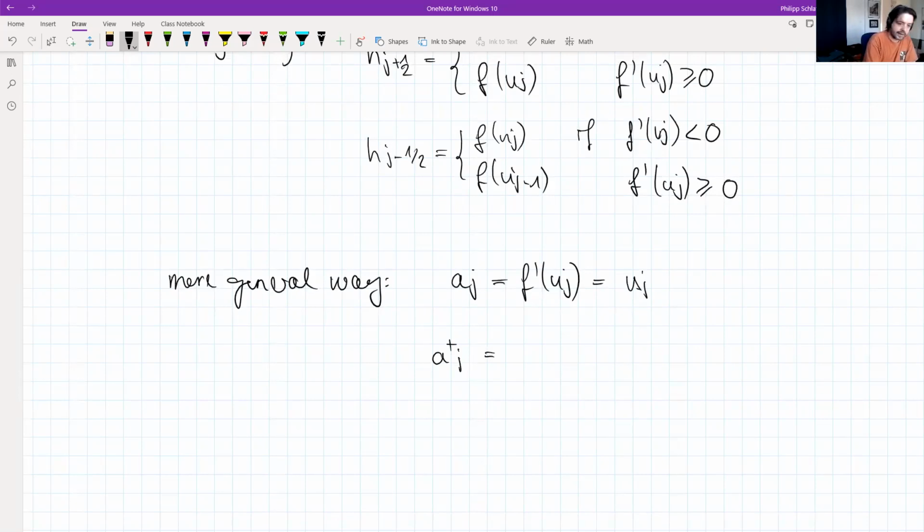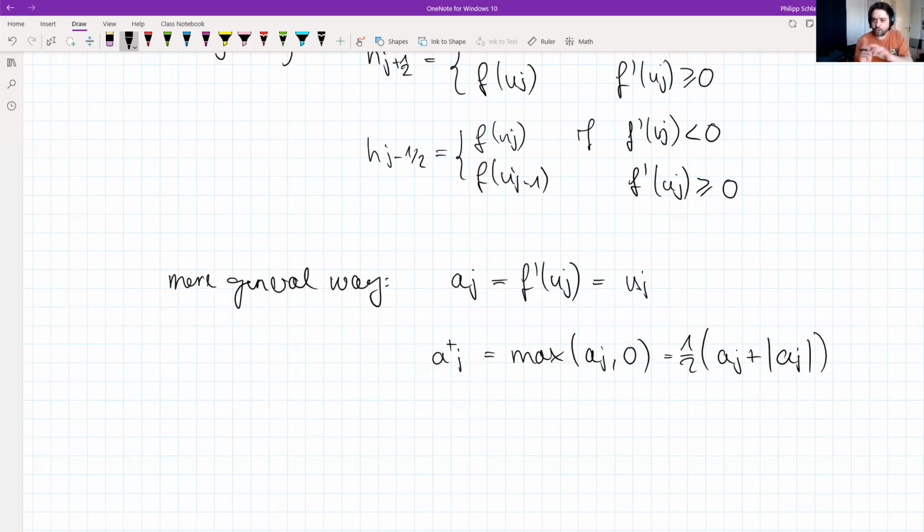And this I can define as the maximum of Aj and 0. So this one only has a value if Aj is positive. Formally, the max I can write like this: this is 1/2 of Aj plus the absolute value of Aj. So this one is either Aj or 0.